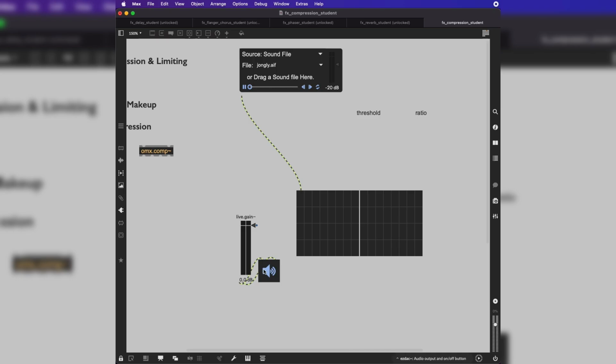When we play this signal, let's say maybe play it at 0 decibels, so it's the full sound. When we play the jungly sample, you will see that the sound will range between 1 and -1. It goes all the way to the peaks.